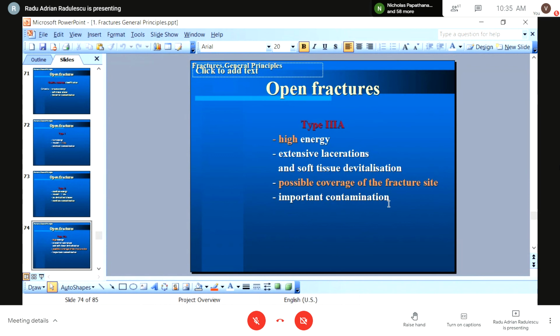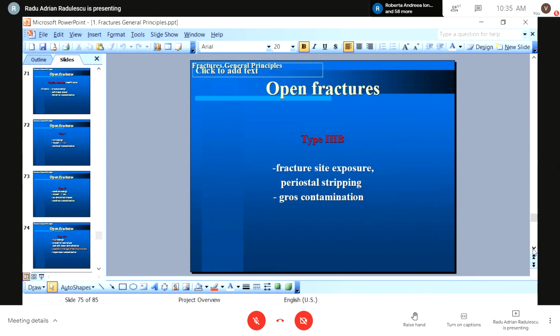Still, in type 3A, it is possible the coverage of the fracture site by suture. In type 1 and type 2, obviously, suture of the skin was possible in order to cover the fracture site. In type 3A, still it is possible this coverage of the fracture site by primary suture of the soft tissue.